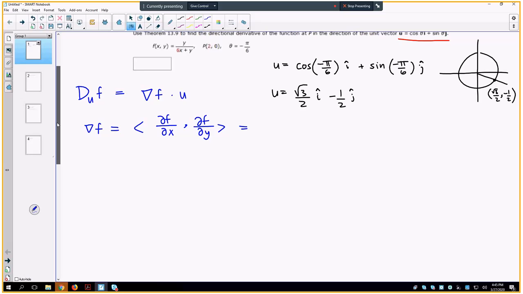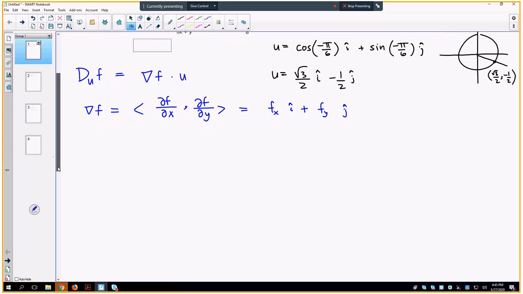Or we can write that as f sub x i cap plus f sub y j cap. So let's take these partial derivatives.